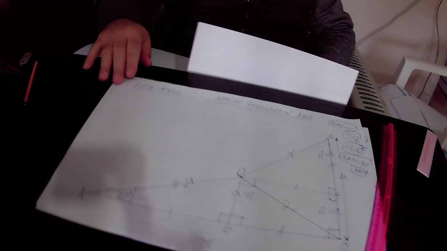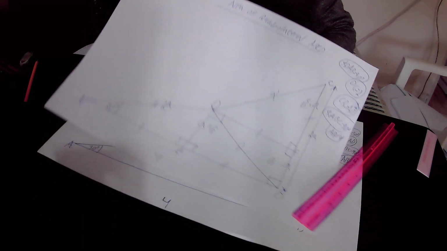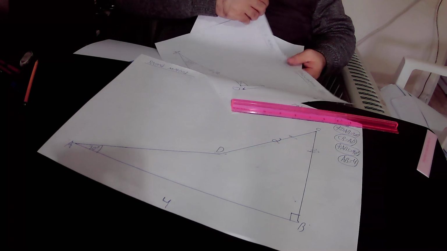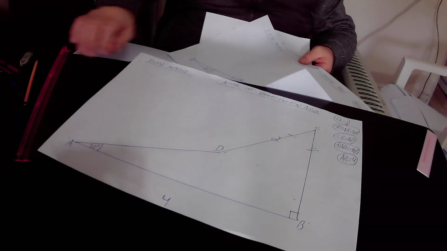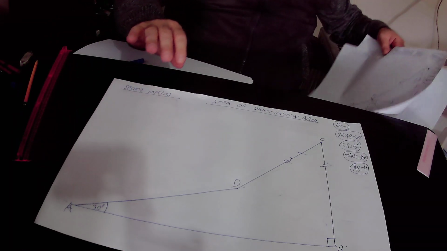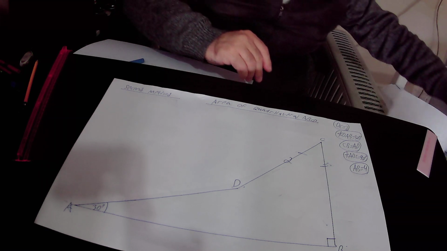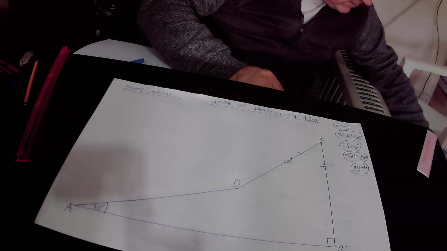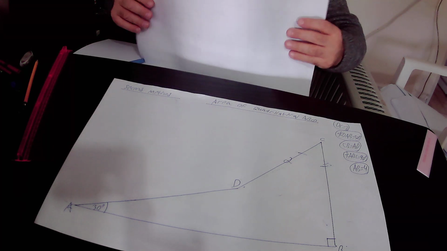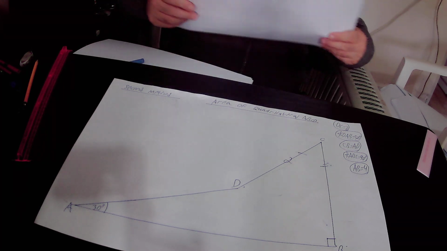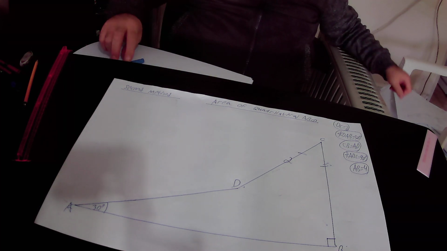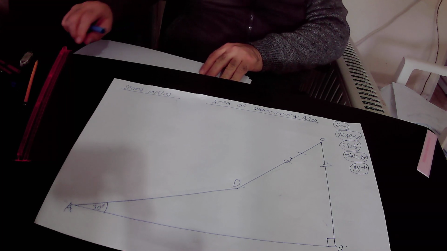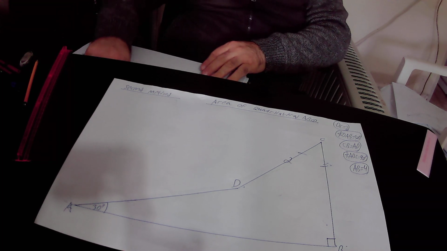In the next step, I will present to you how to find out the area of this quadrilateral ABCD according to the second method. In the second method, we will do another construction.